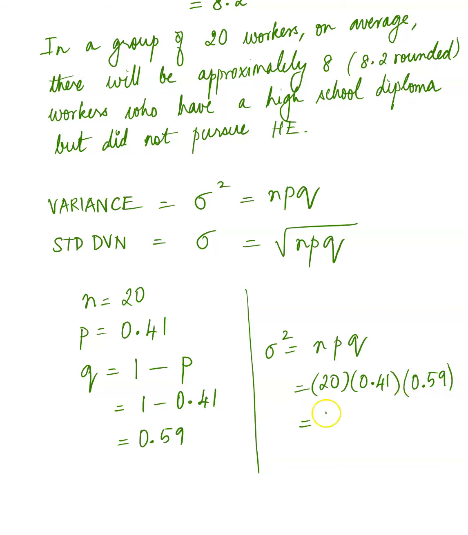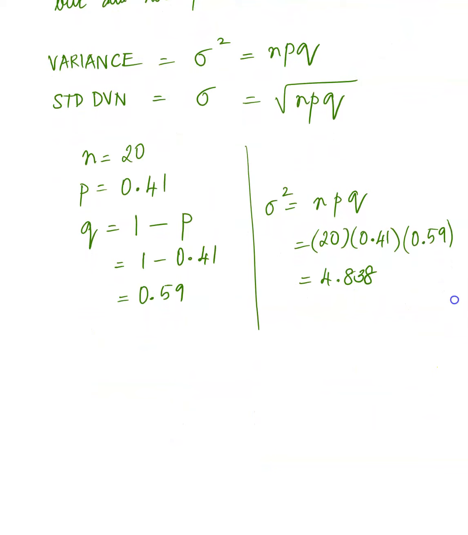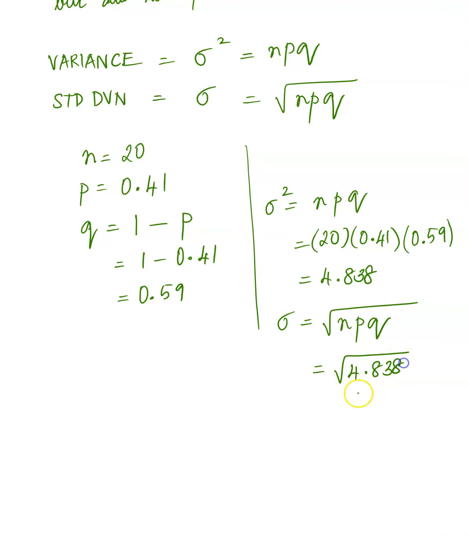That comes out to be 4.838. Okay. That is your variance. And standard deviation will be square root of npq, which is square root of 4.838. It comes out to be 2.20.